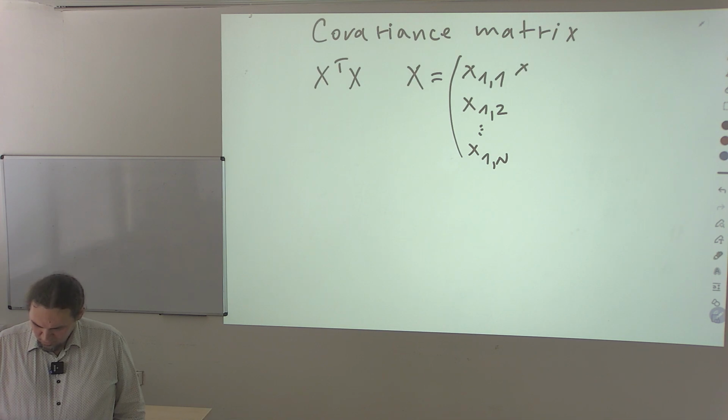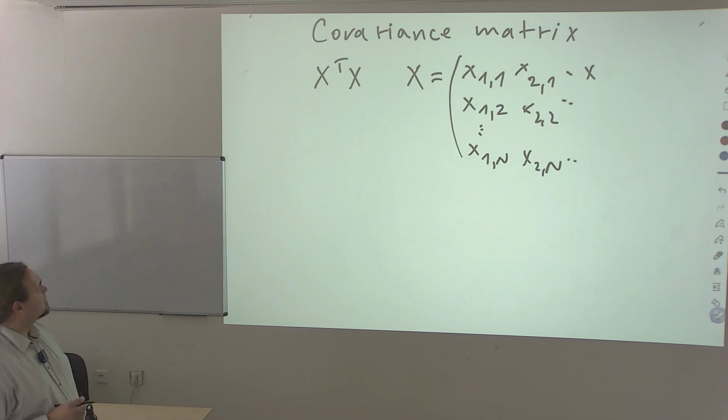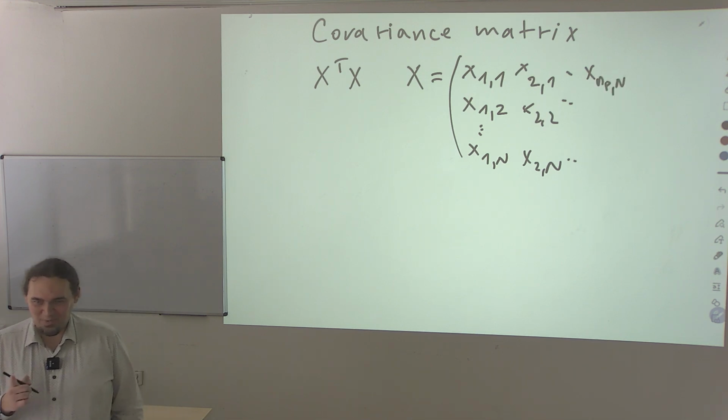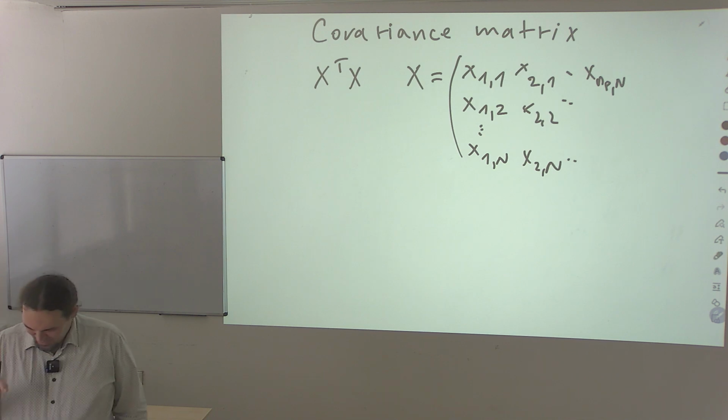There will be a second variable, whatever it is, and our last variable, let's call it x_p, such that I distinguish between the subscript p and the vector p.